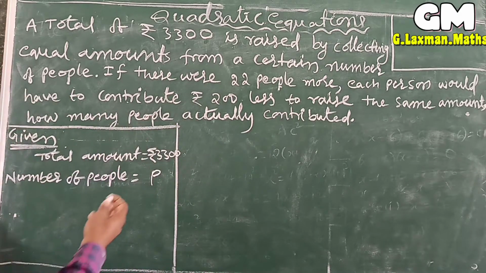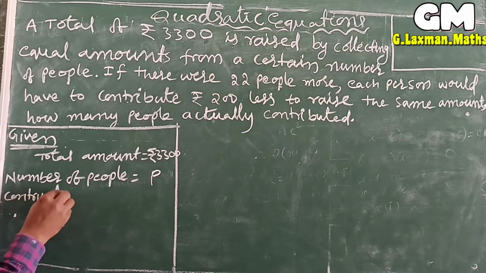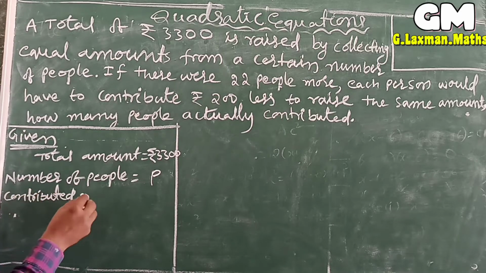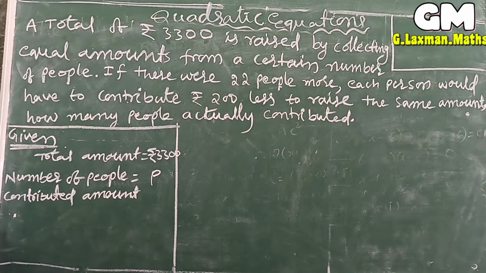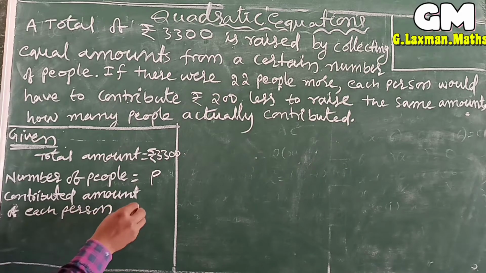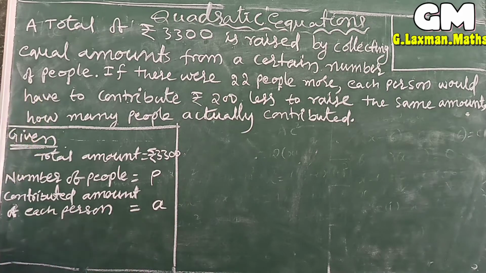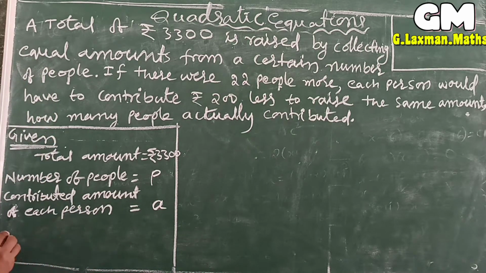Let us suppose that there are P people and they contributed some amount. We don't know how much, so let us say the contributed amount of each person is A. Now what is the total amount?